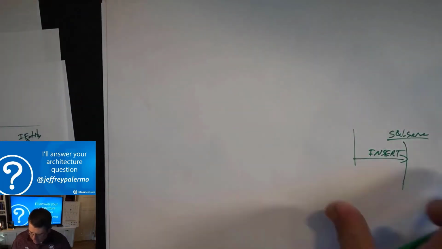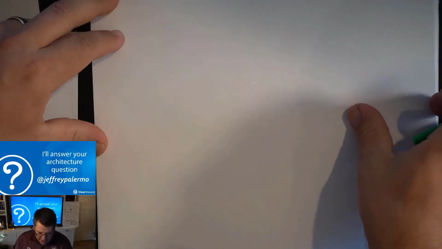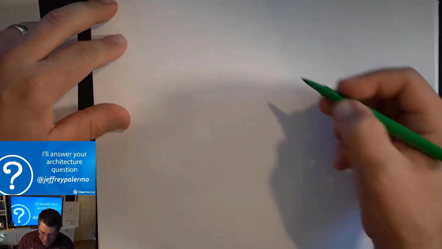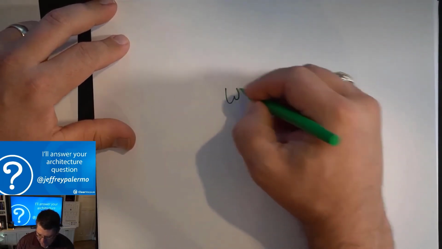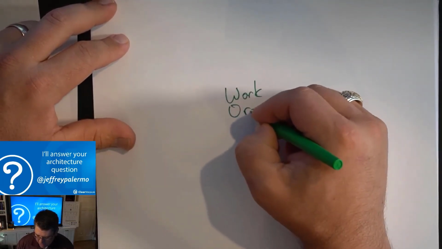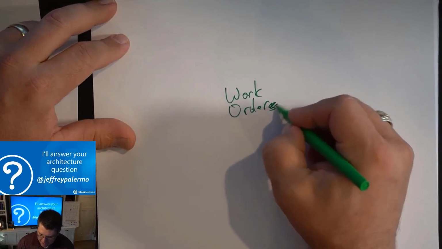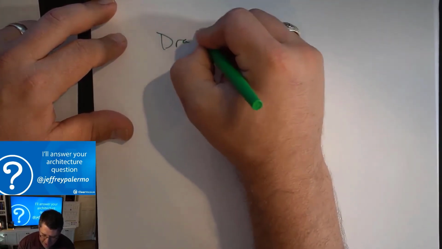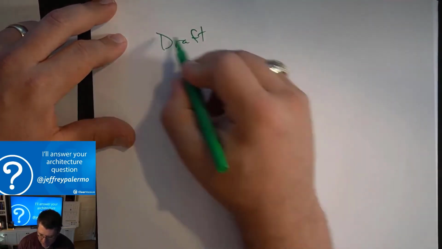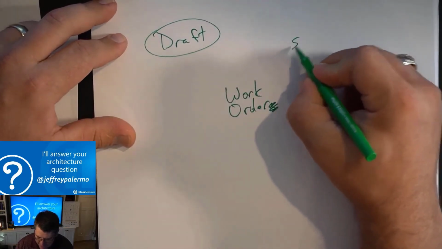Now, a work order is something that has a process, that has a flow, and so we can use a state machine. And so if I have a work order right here, the first status that we have is draft. Okay. The next status we have is submitted.